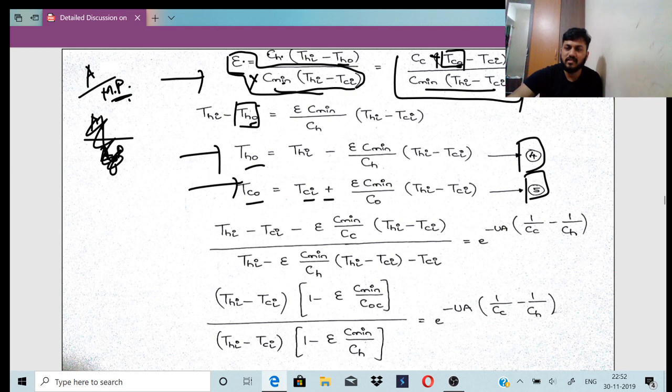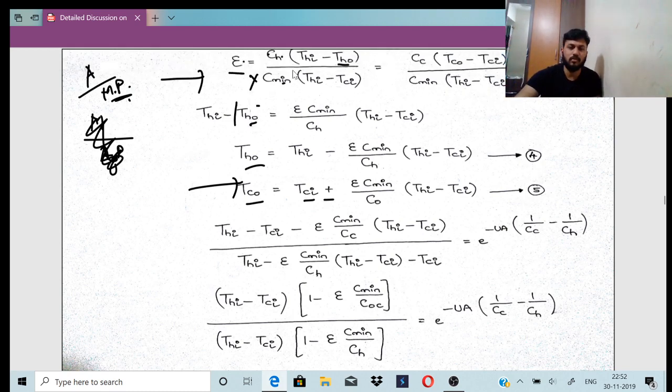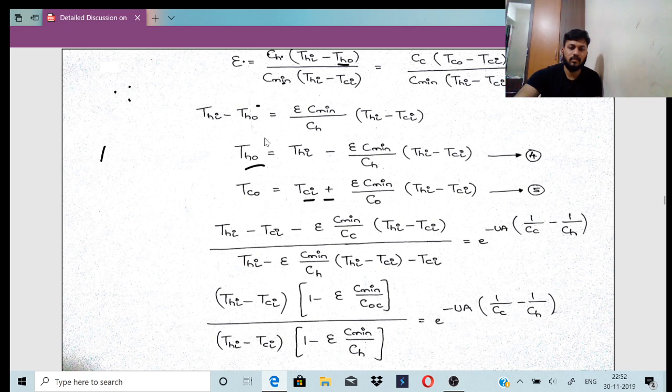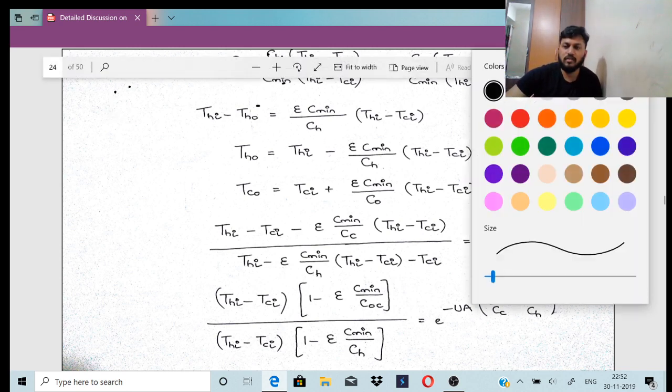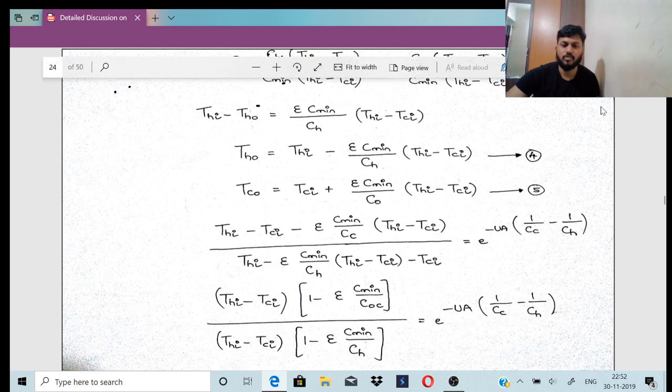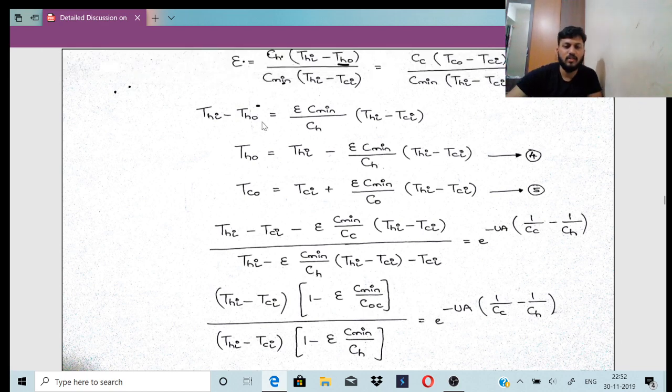Okay, let me erase this once. Okay, yes, now TH naught, TC naught we found out. Substituting it, this value will be TH naught and this value will be TC naught, right?